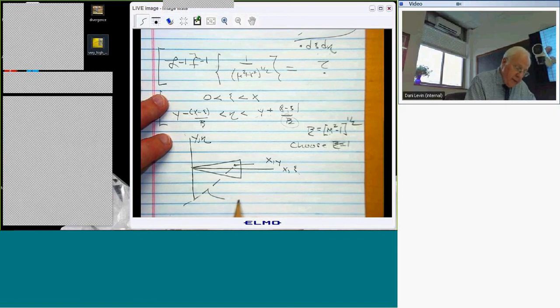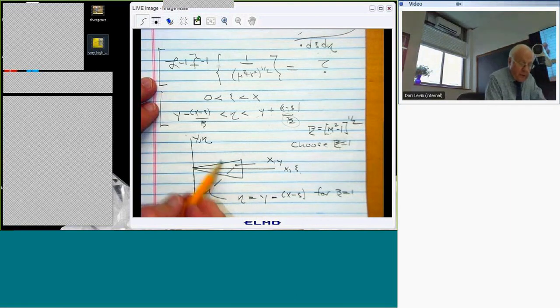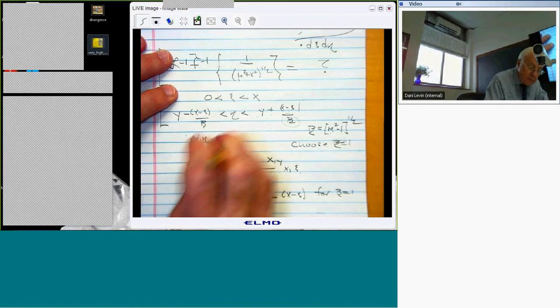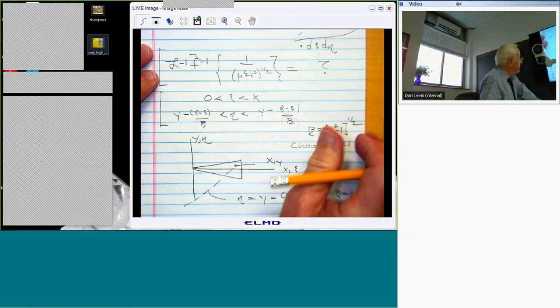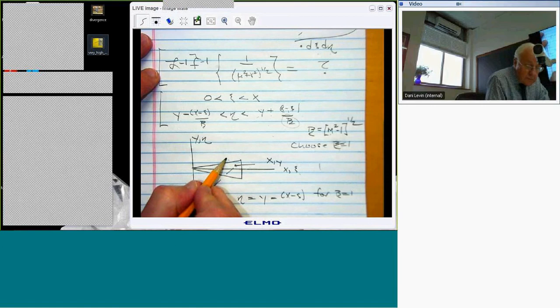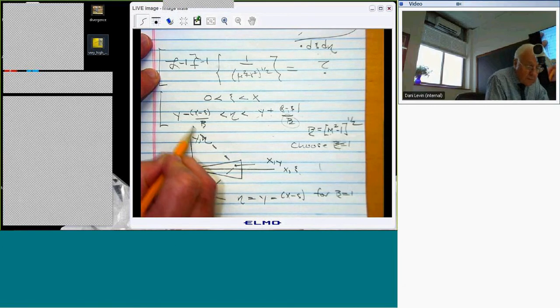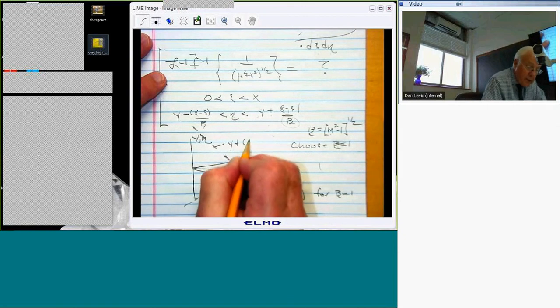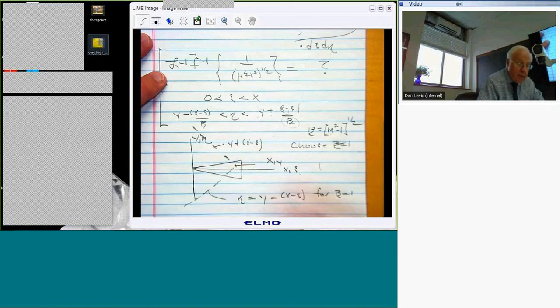That's eta equals y minus x minus c for beta equals 1. And then there's another 45-degree line up here. This is y plus x minus c, again for beta equals 1.